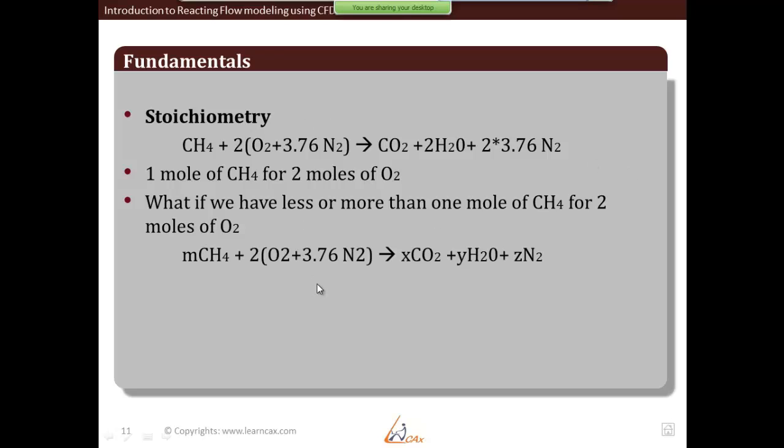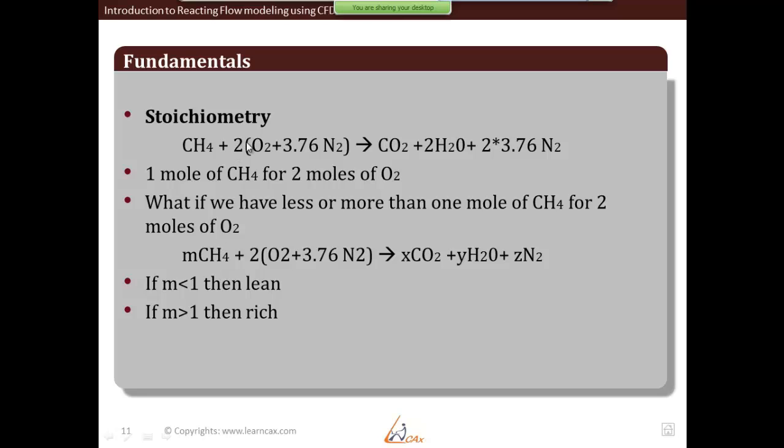So in that case we have different types of products, or a different outcome of those reactions. If we have less CH4 present, we have a lean mixture, and if we have more than the stoichiometric required CH4 present, we say that it is a rich mixture.